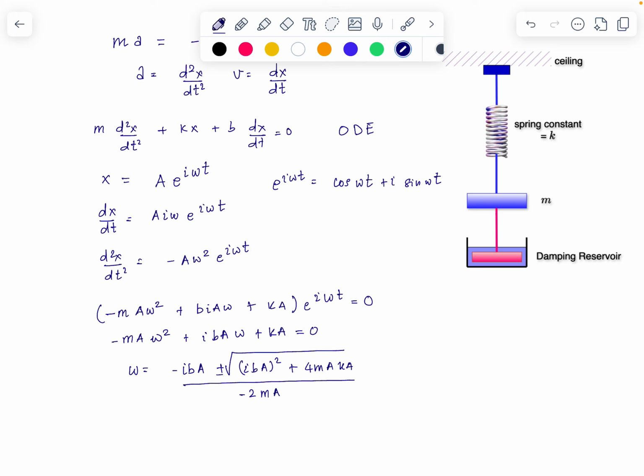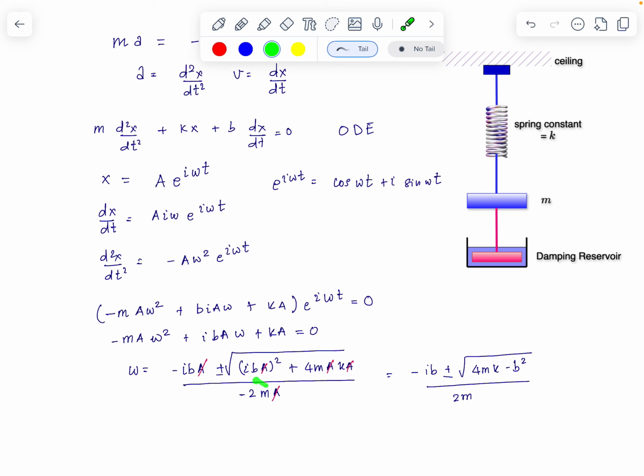So what we can do here is that the a cancels out, and the a square inside cancels with the a square outside. So what we have here is equal to minus i b plus or minus the square root of 4mk minus b square, divided by 2m.